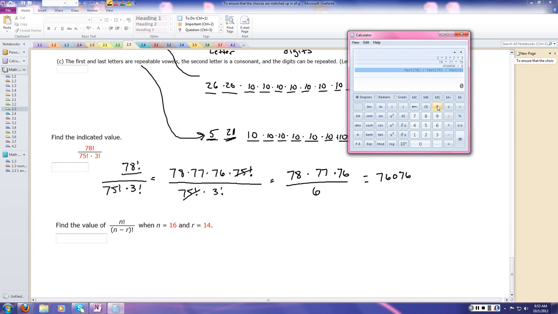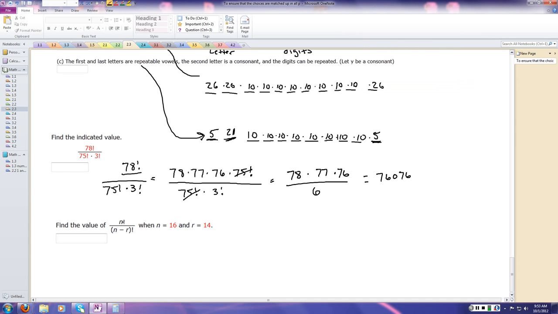Another way is 78 factorial divided by, open parenthesis, 75 factorial times 3 factorial, close parentheses, and hit enter. The answer is the same, but you have to put your denominator in parentheses if you want to use multiplication. Otherwise, you need to divide through everything: the top number divided by the bottom number, then that number divided by the second bottom number. So be careful on that. If you need to expand it out, be careful with it.